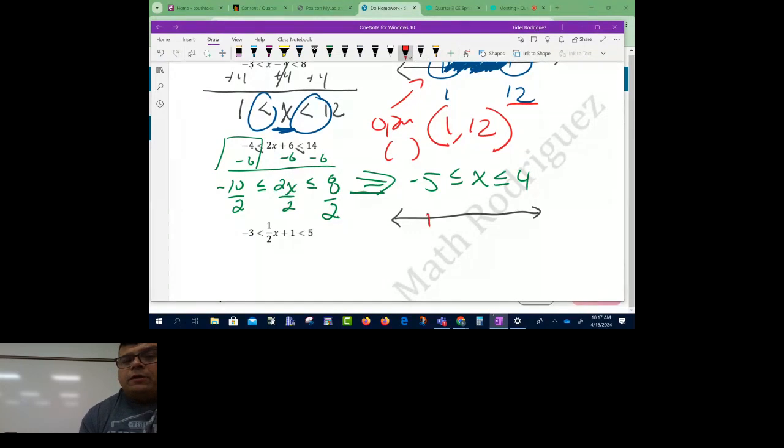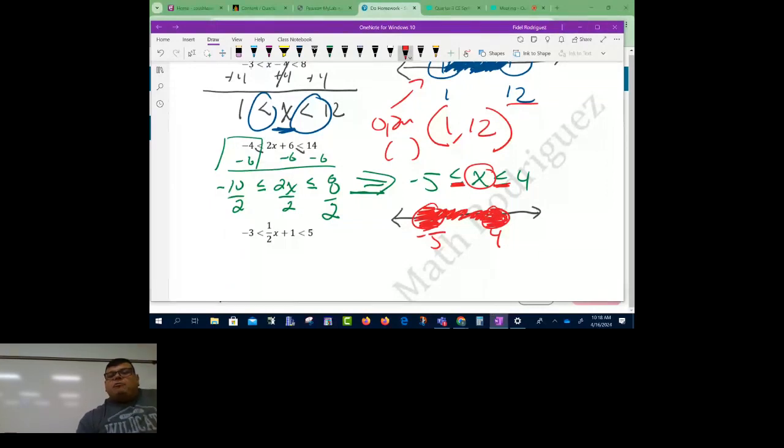The two numbers that I'm really interested in putting on here, y'all, are negative 5 and 4. Now again, I do have those little lines underneath, right? So y'all, if I got the little lines underneath, I'm going to go ahead and fill in this circle here, and I'm going to fill in this circle here, okay? And again, since the x is in the middle, I'm shading everything here in the middle, okay?